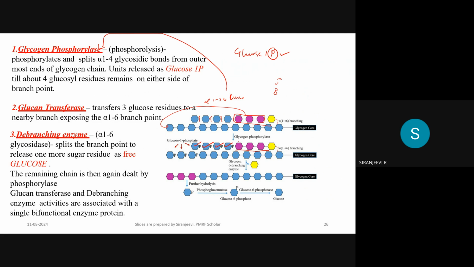Then these 3 molecules in the purple color will be given to the already existing chain. Then there is one enzyme called the debranching enzyme, that is alpha 1,6 glycosidase, that will remove this alpha 1,6 linkage. Then finally it will give free glucose.